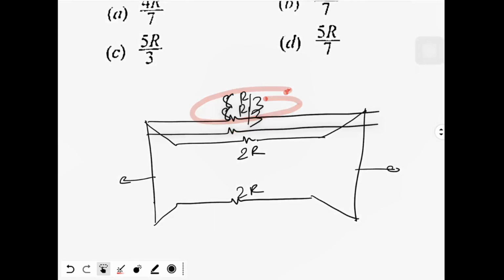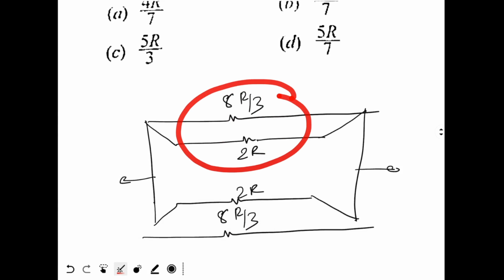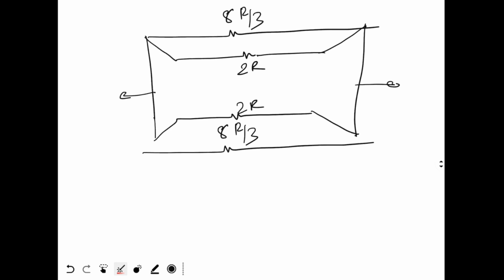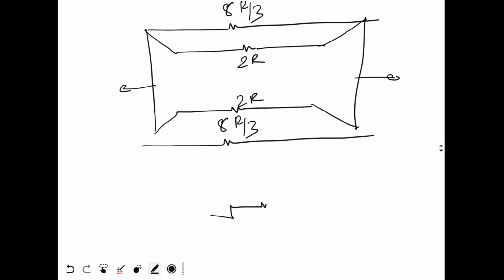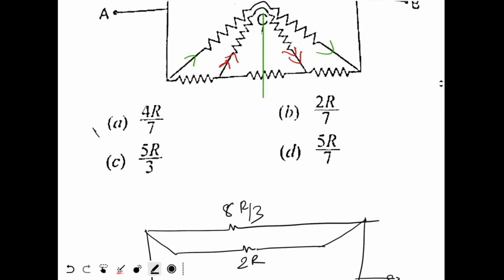Now these two are in parallel, so together they give 8R by 7. Now I have two branches of 8R by 7, and the net resistance will be 4R by 7. So option A will be correct.